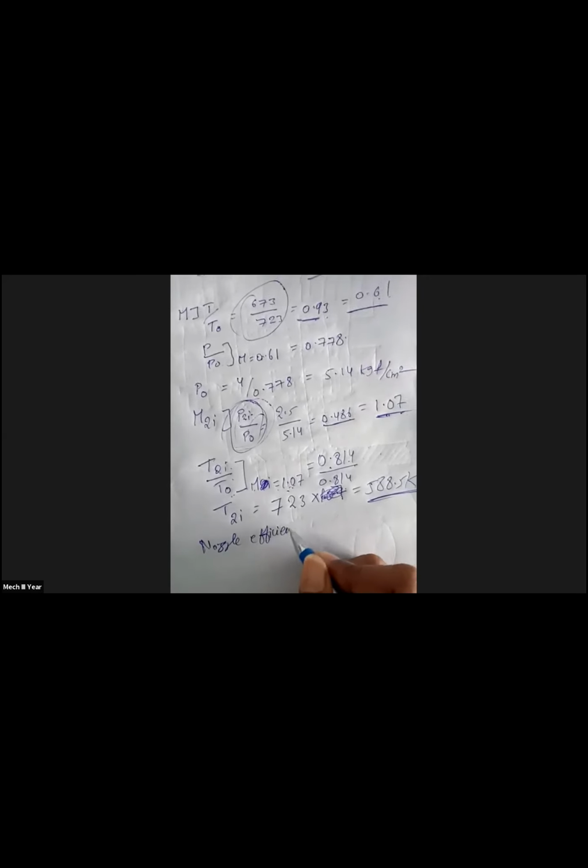Now we know the nozzle efficiency. Nozzle efficiency is equal to T1 minus T2A divided by T1 minus T2I. The nozzle efficiency is given as 0.92.